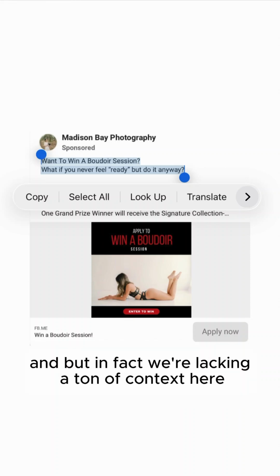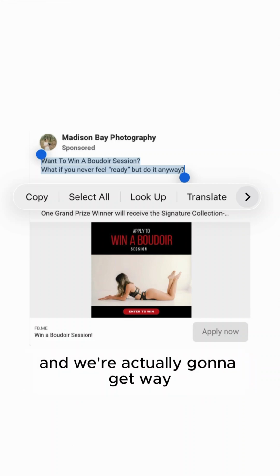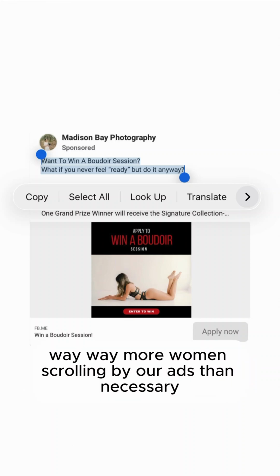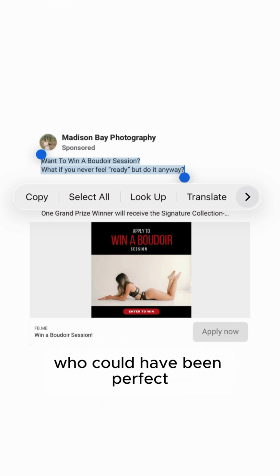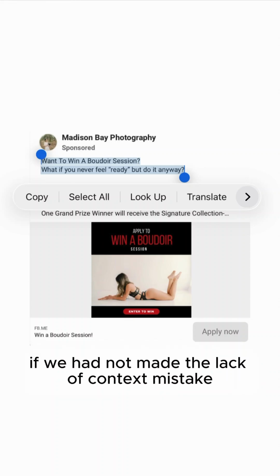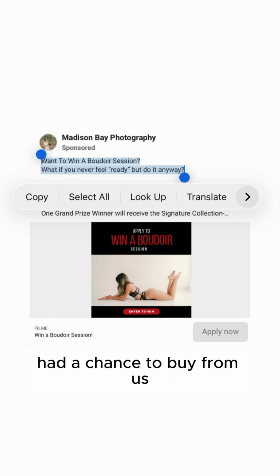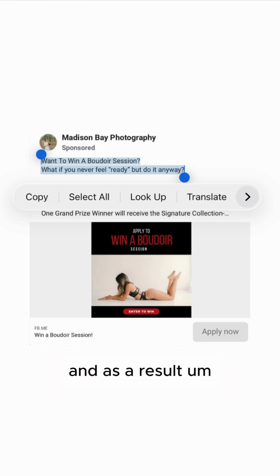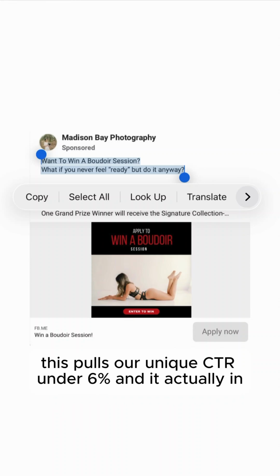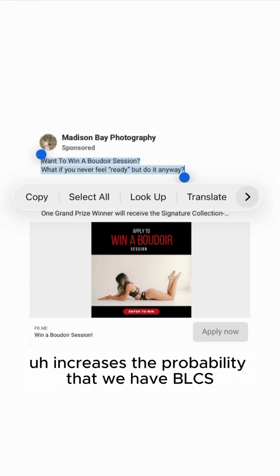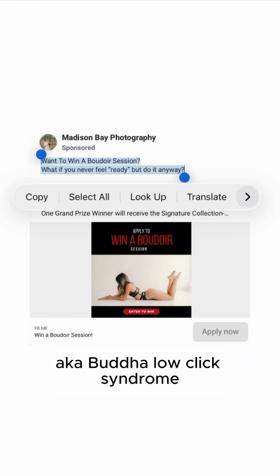But in fact, we're lacking a ton of context here. And we're actually going to get way more women scrolling by our ads than necessary who could have been perfect if we had not made the lack of context mistake, and who actually would have clicked in and had a chance to buy from us. And as a result, this pulls our unique CTR under 6%, and it actually increases the probability of BLCS, aka Boudoir low click syndrome.